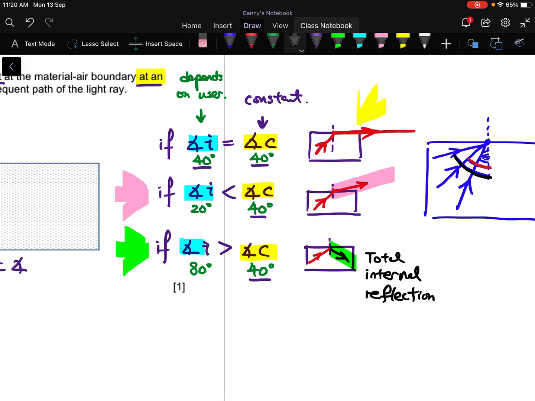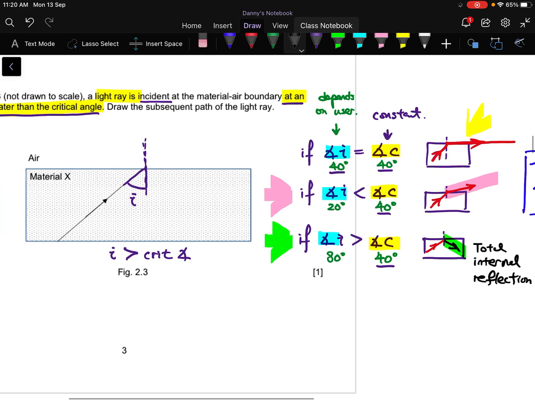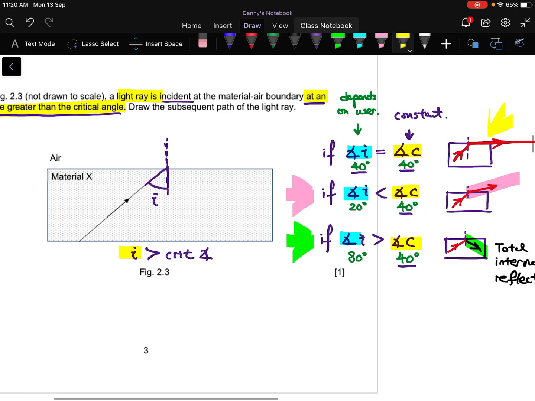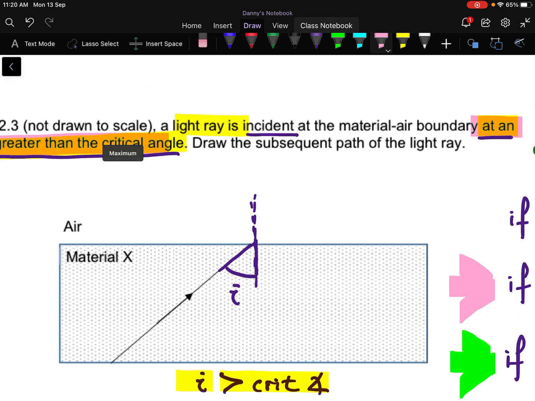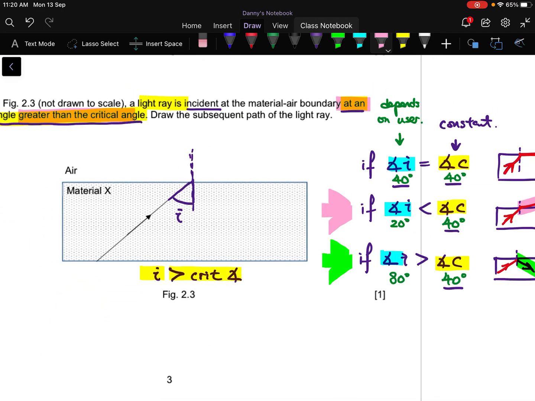So if you know this piece of content, then this question will be quite easy, because they already tell you that you are shining your light, and the incident angle is larger than the critical angle. You can see it over here on top, the pink one.